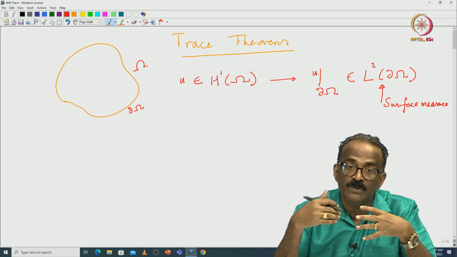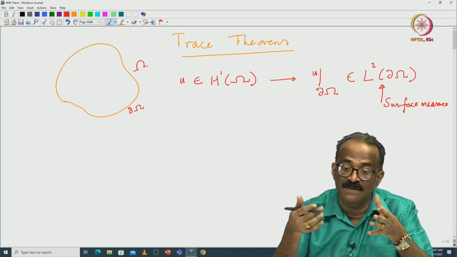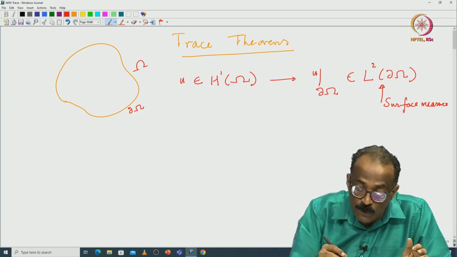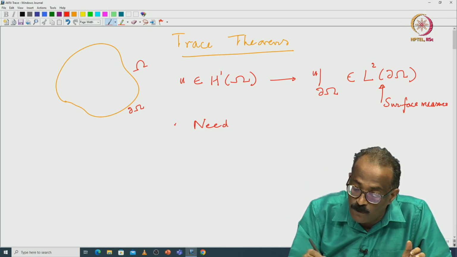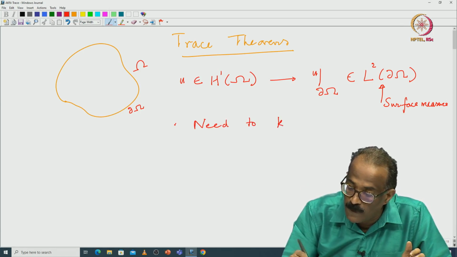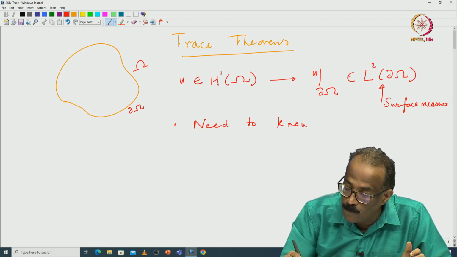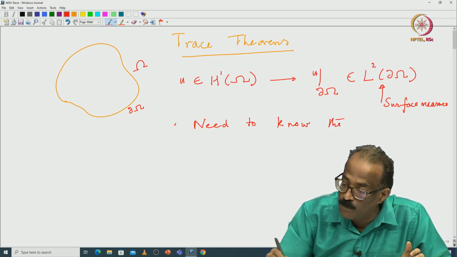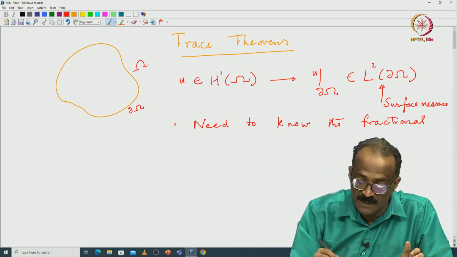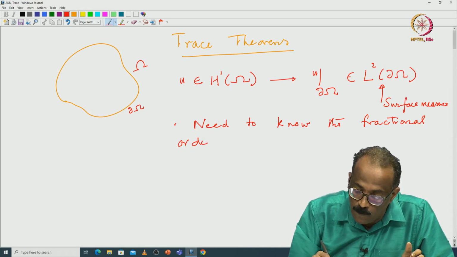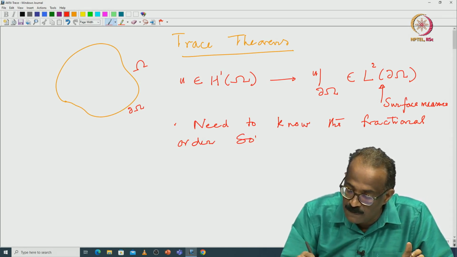So, today we want to see what is actually its range, but to do that you need to know the fractional order Sobolev spaces, which we are not going to discuss in general, but we will do some fractional order Sobolev spaces.